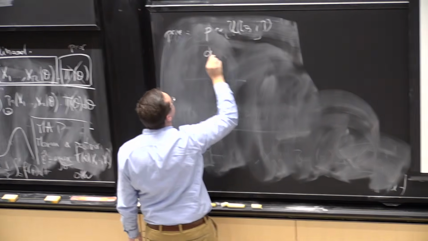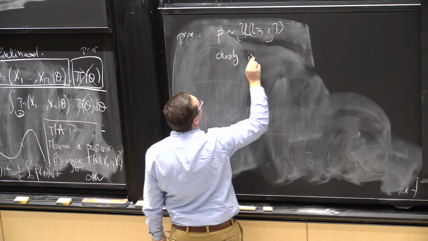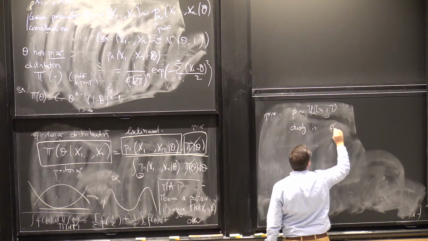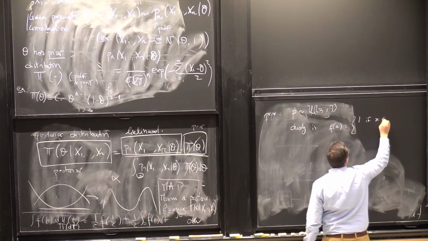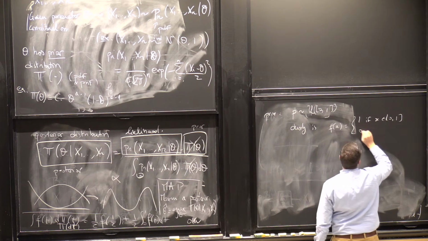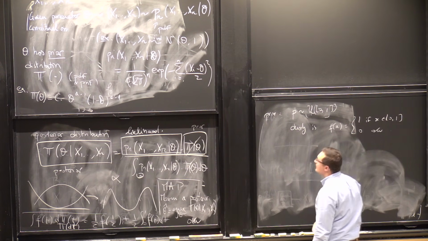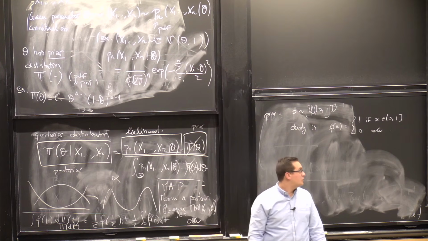So the density f(x) is 1 if x is in 0, 1 and 0 otherwise. There's not even a normalization; this thing integrates to 1.